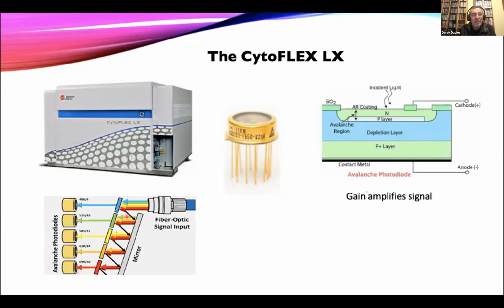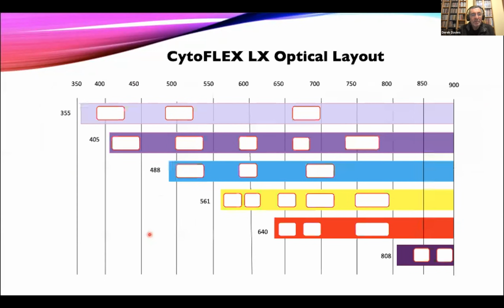But the way it collects light will be very familiar to anybody who uses a flow cytometer. We're using a whole series of filters, long pass filters, short pass filters, mirrors, and band pass filters to select the wavelengths of light that we're interested in. So as always, when we're designing an experiment, I like to lay out the cytometer something like this.